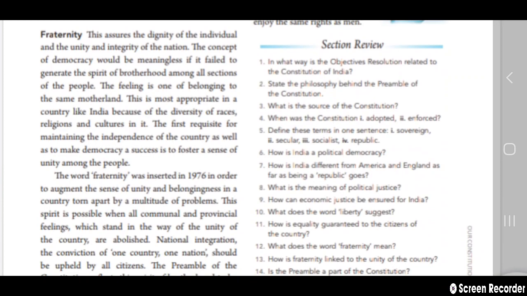It is the feeling of belonging to the same motherland, and this is most appropriate in a country like India because of the diversity of races, religions, and cultures in it. The first requisite for maintaining the independence of the country as well as to make democracy a success is to foster a sense of unity.